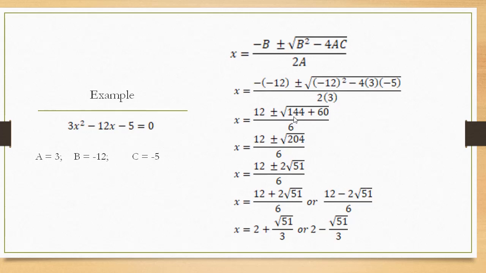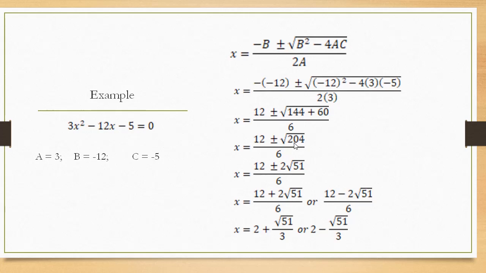So, i-add nimo ang 144 plus 60, nahimo siya 204. Since 204 is not a perfect square number, so mangita tag factor ni 204 para ma-simplify nato ang naa sa sulod sa radical sign.